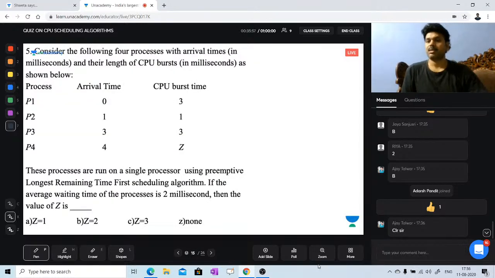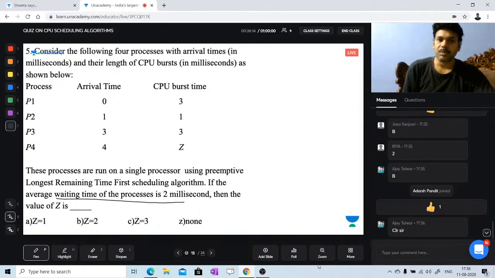So this is our next question. The average waiting time of the processes is 2 milliseconds, and we are using preemptive, that is the LRTF algorithm.